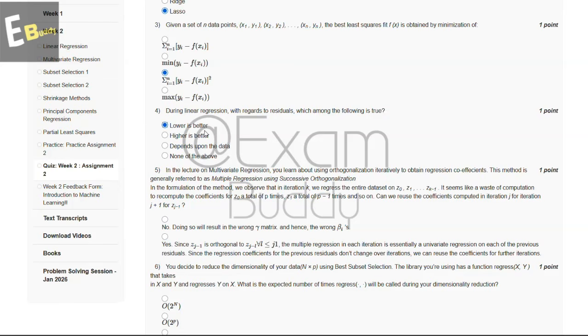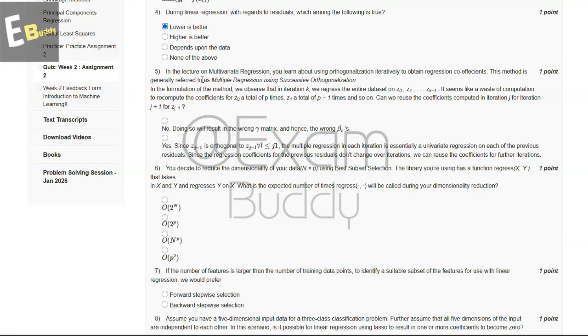And now let's go to our question number 5. In the lecture on multivariate regression, you learn about using orthogonalization iteratively to obtain regression coefficients. This method is generally referred to as multiple regression using successive orthogonalization. In the formulation of the method, we observed that in iteration k, we regress the entire dataset on z0, z1 and so on up to z_{k-1}.